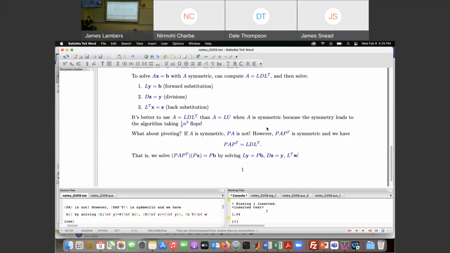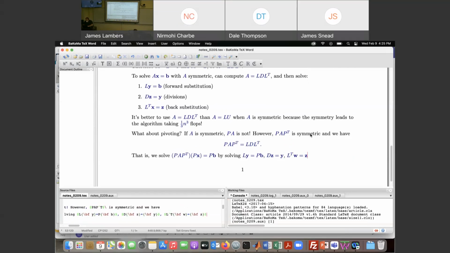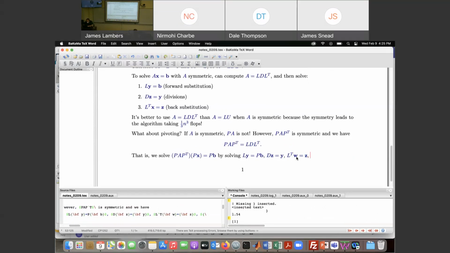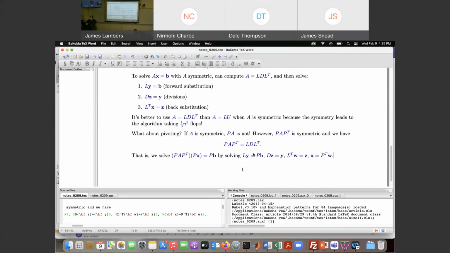But the output is not your final solution; it's a vector W, which is a scrambled version of your solution. So W is actually equal to P times X. Therefore, X is equal to P transpose W.